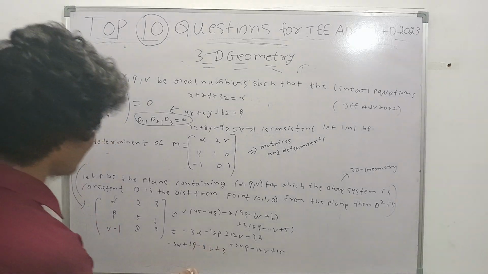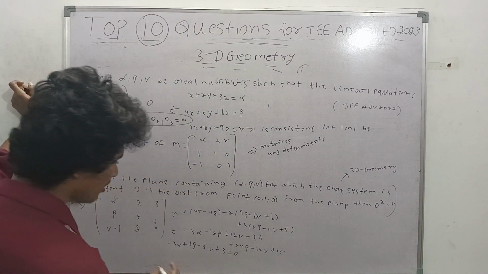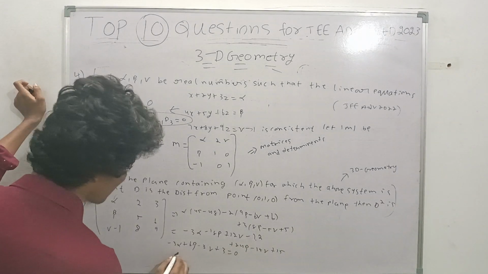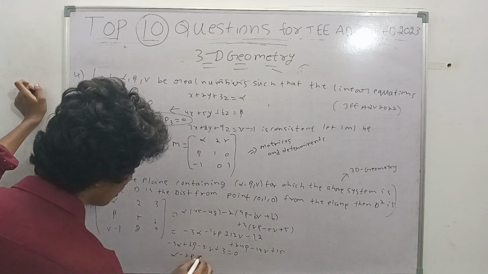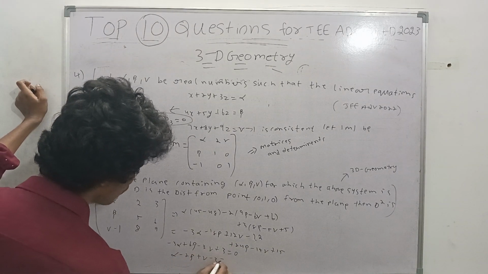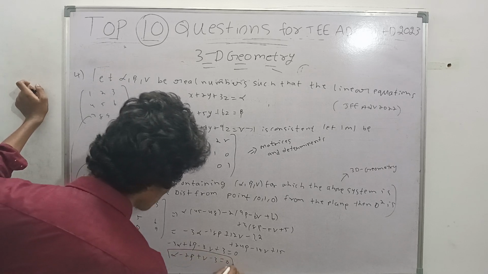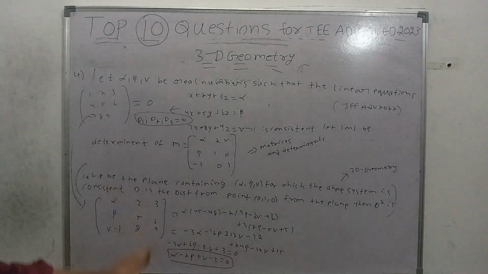This is the thing, and it should be equal to 0. If we divide by minus 3, you will get alpha minus 2 beta plus gamma minus 3 equal to 0. This is the most important condition that we deduced from here.